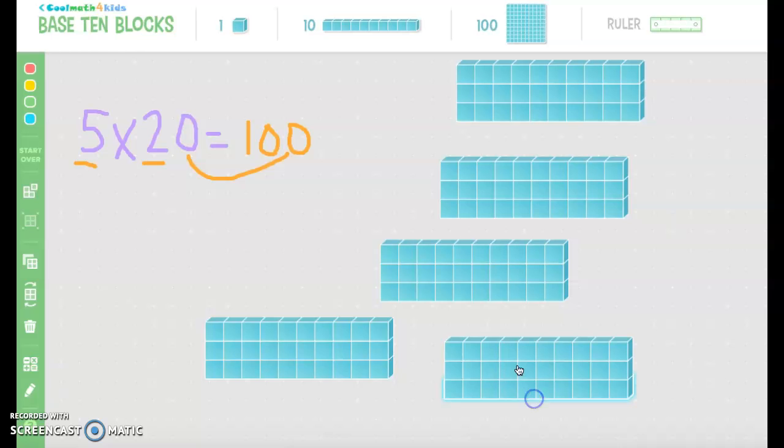And now it's getting so that when we think about it this way, it's getting a little bit harder to think of it in our head. But it would be 10, 20, 30, 40, 50, 60, 70, 80, 90, 100, 110, 120, 130, 140, 150. So 5 times 30 is 150.